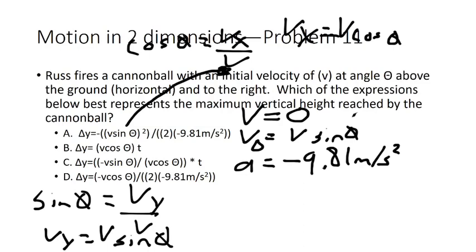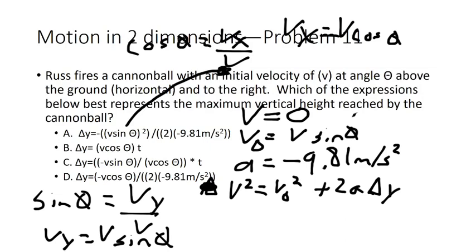We're trying to find that maximum height. The kinematic equation we're going to use is: v squared, final velocity squared, equals initial velocity squared plus 2a times the displacement, delta y. We're going to solve that for delta y.